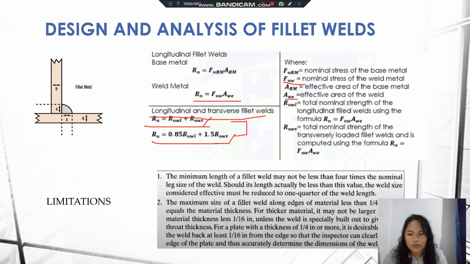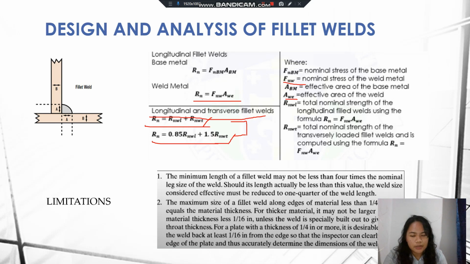So, as you can see, may limitations tayo. So, first is the minimum length of a fillet weld may not be less than 4 times the nominal leg size of the weld. Should its length actually be less than its value, the weld size considered effective must be reduced to 1/4 of the weld length.